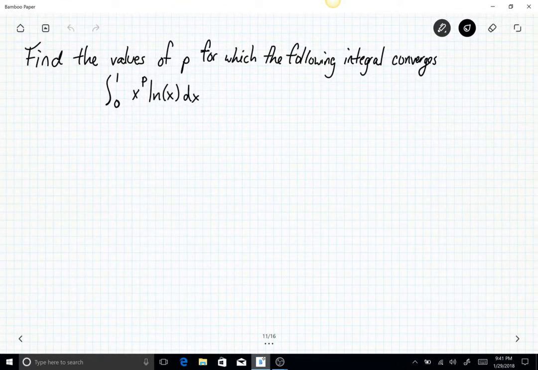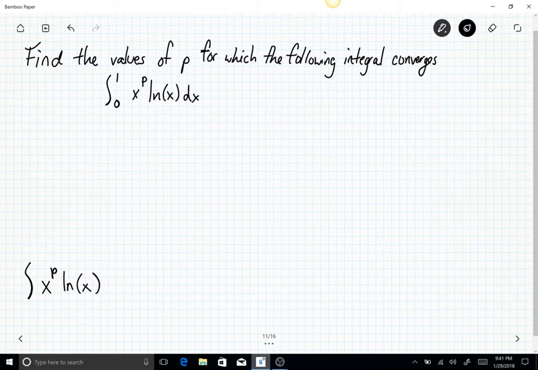What's going on here? You have the integral from 0 to 1 of x to the p, natural log of x dx. So this looks all sorts of nasty at first, but then we can do the whole antiderivative thing once again. x to the p, natural log of x.